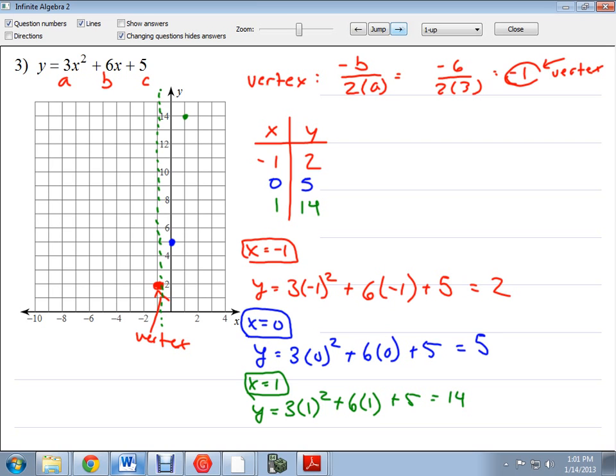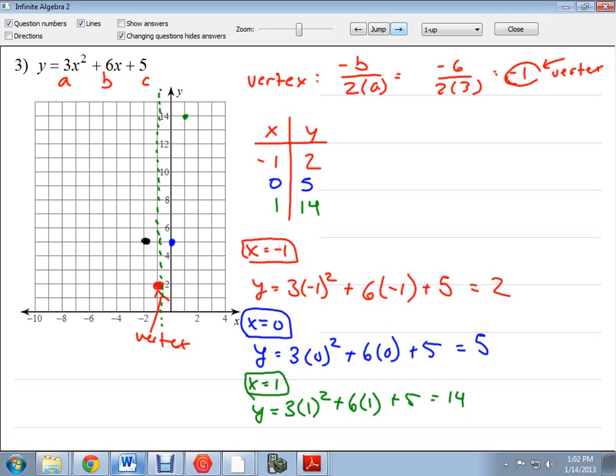And now what I can do is reflect these points. Where is the blue point going to go at 0, 5? Where will it be after I reflect it across the line? It's probably going to go 1 over to the left from the line.